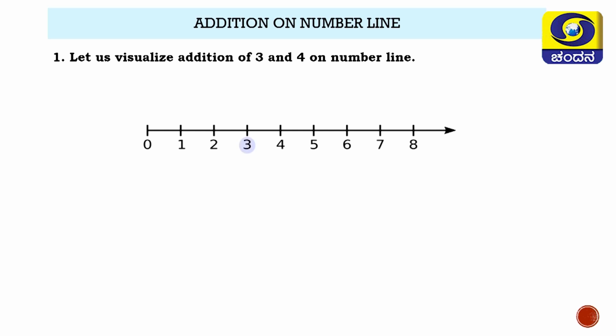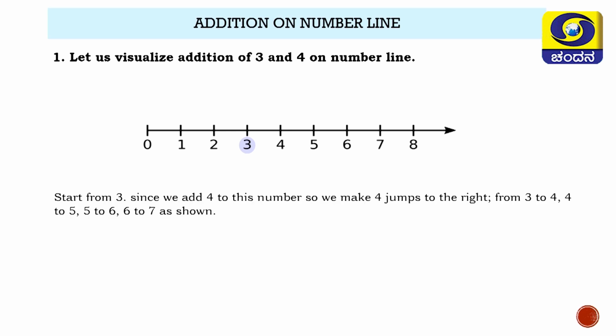Now we have to add 3 and 4 on the number line, hence we need to start from the number 3. Start from 3, and since we add 4 to this number, we make 4 jumps to the right. Got it, children? So we start from 3 and add 4 to that number, so we move 4 jumps to the right side of the number line.